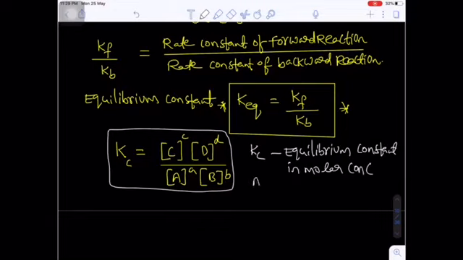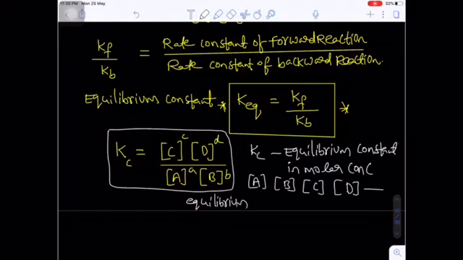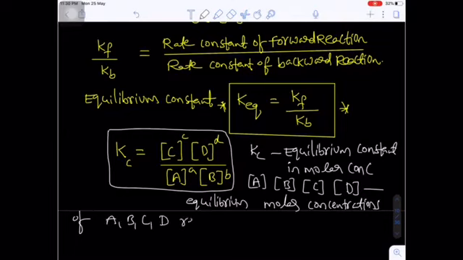Okay. Now what are the square bracket of capital A, capital B, capital C and capital D? Equilibrium molar concentrations of A, B, C, D respectively.